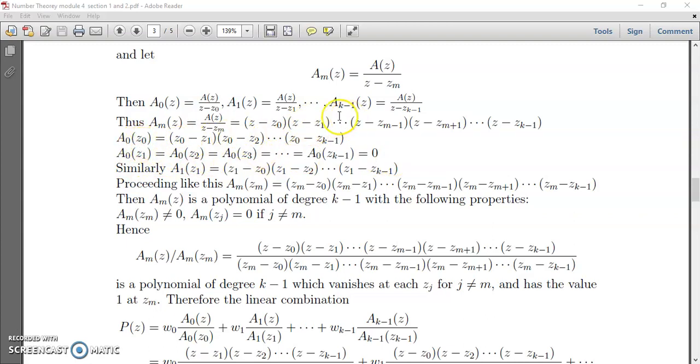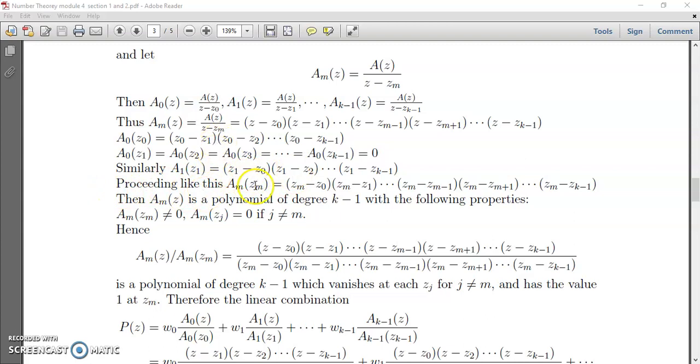When you put z1, you will get z1 minus z1 will be there, so this will become 0. So a0 of z1, a0 of z2, etc. will be 0. Similarly, a1 of z1 won't be 0, that is, it is not equal to 0, and it is z1 minus z0, z1 minus z2, etc., z1 minus zk minus 1. So here z1 minus z1 won't be there.